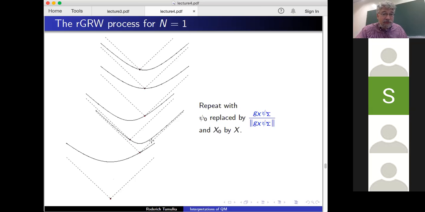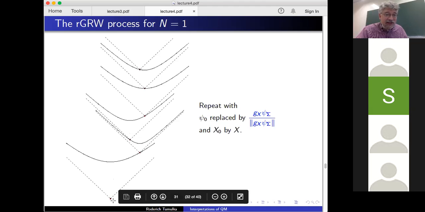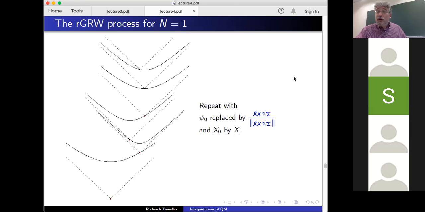And then on this hyperboloid, I choose a random point with more or less psi squared distribution, and then I repeat the story. Okay, so I get a sequence of flashes. Here's my x0, x1, x2, x3, x4, x5, and so on. So this is how I do it.